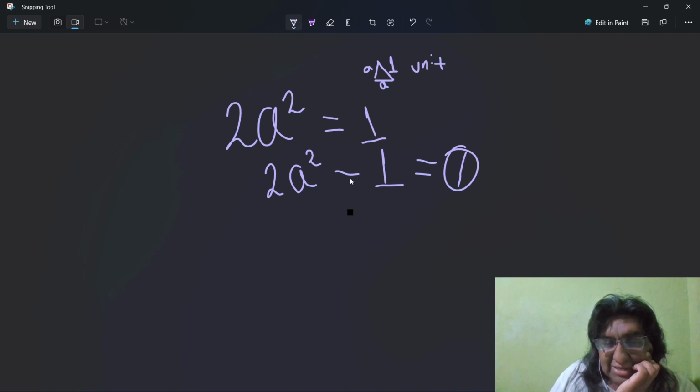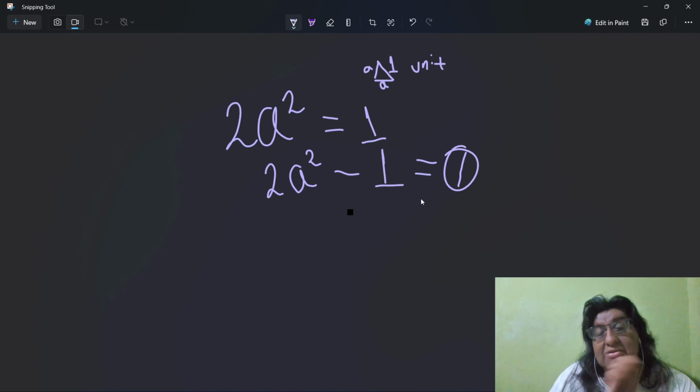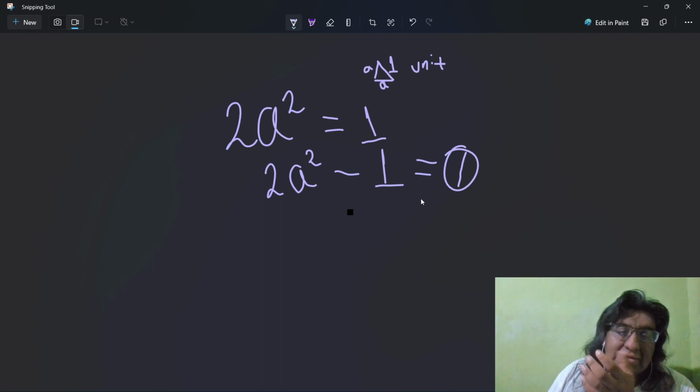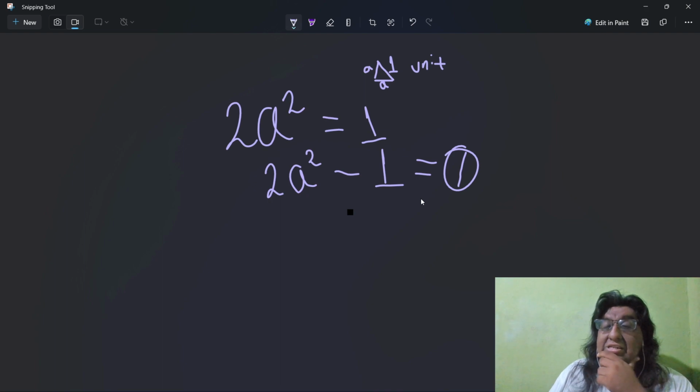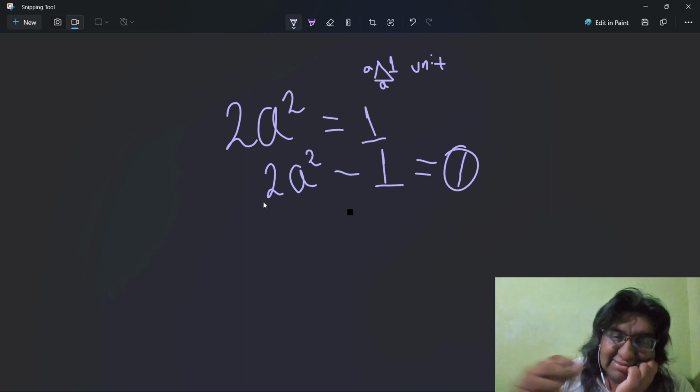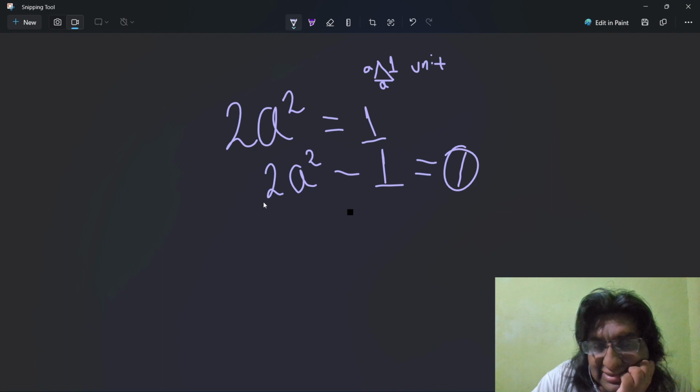2a squared minus 1 equals 0. Now again, how do you solve this equation? You might detect some familiarity with this form from other studies, and it is the difference of squares.